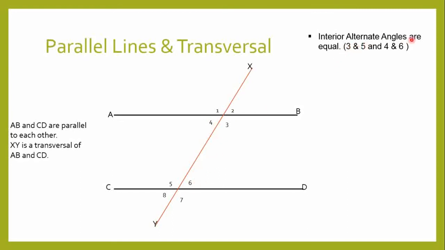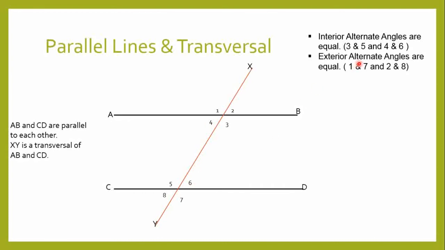So interior alternate angles are equal when the two parallel lines are intersected by another line, which is called the transversal. In that case interior alternate angles are equal to each other. So here angle 3 will be equal to angle 5 and angle 4 will be equal to angle 6.